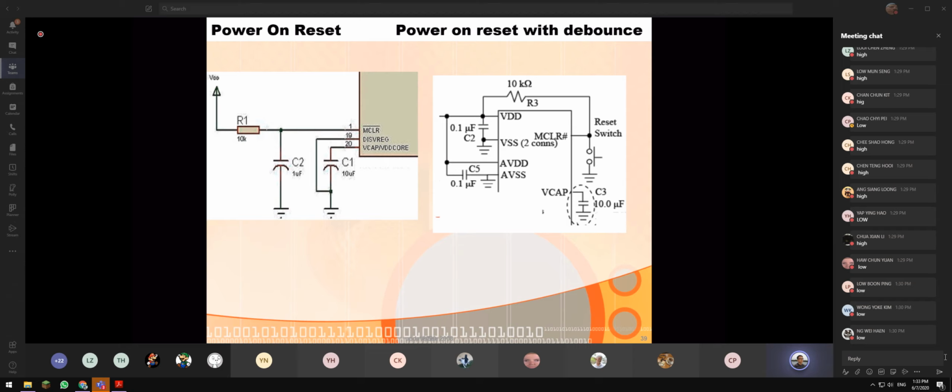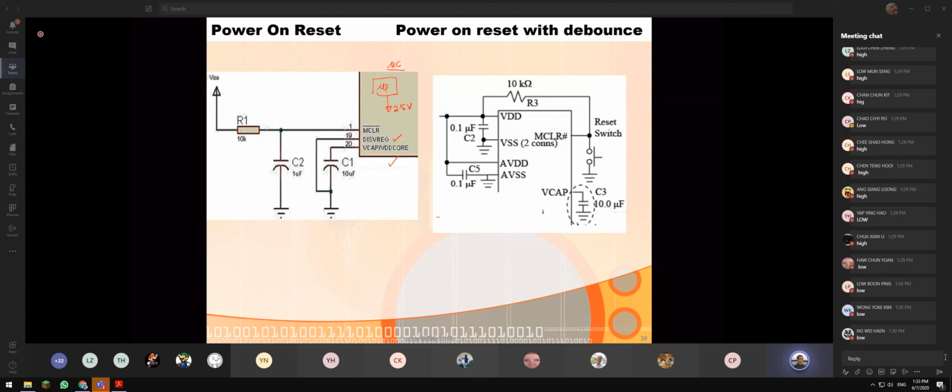Another interesting pin over here is called the voltage regulator and the VDD core. These two pins are very important. Remember, inside the microcontroller there is a microprocessor. This microprocessor can only accept 2.5 volt and not 3.3 volt.